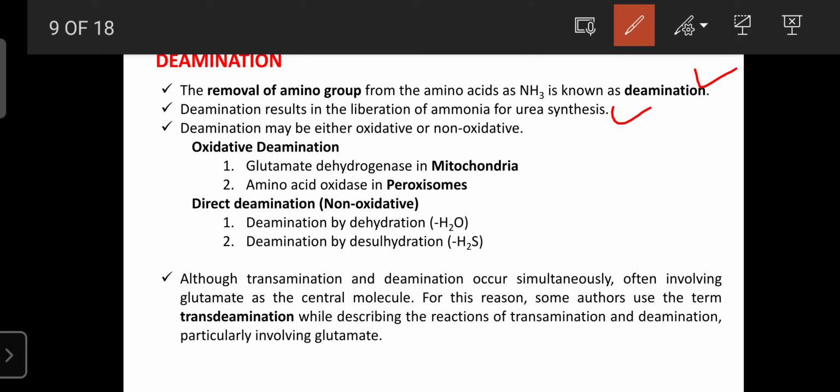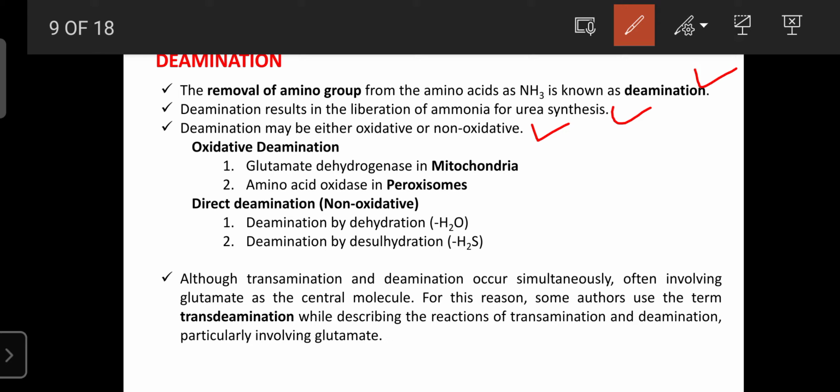Okay, so deamination can be either oxidative or non-oxidative, depending on the presence or absence of oxidation. If the deamination reaction occurs in the presence of oxygen, it is known as oxidative deamination, and if it occurs in the absence of oxygen, it is known as non-oxidative deamination.